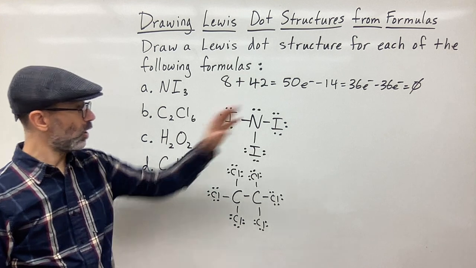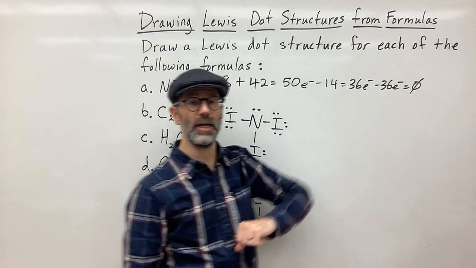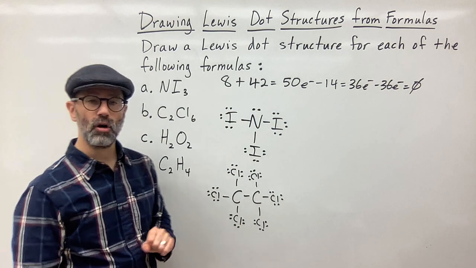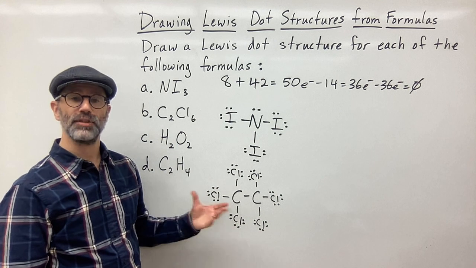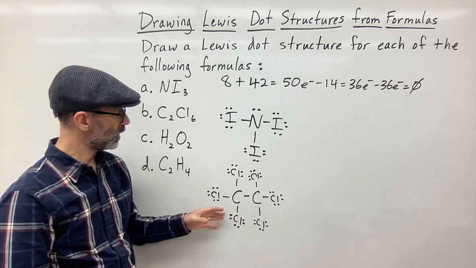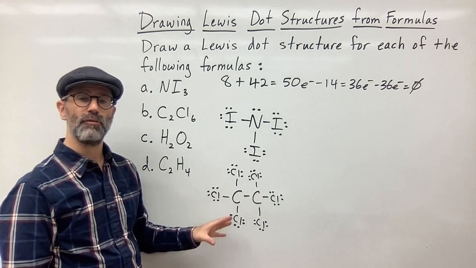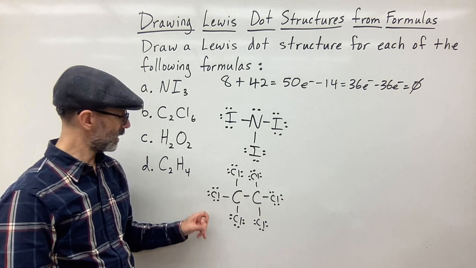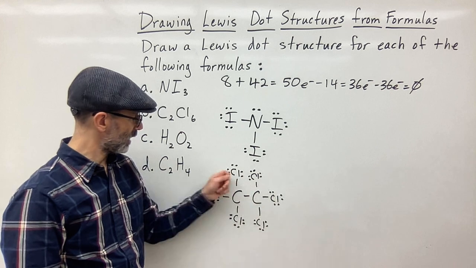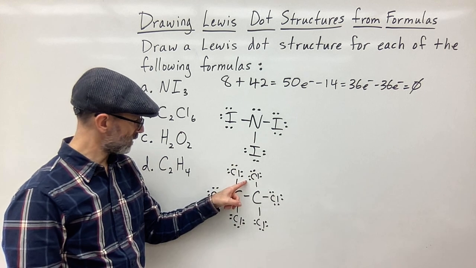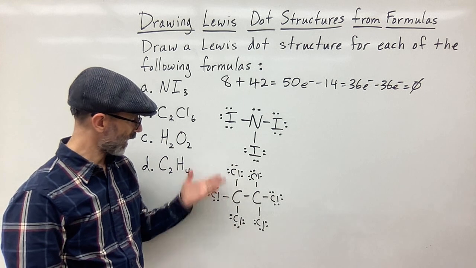So at this point, once you have 0 electrons left, double check your Lewis dot structure and see if it's okay. Here we're looking for every atom having an octet. We already said that the chlorines have an octet, right? We have 3 lone pairs, that's 6, plus the bond, that's 2, that's 8.